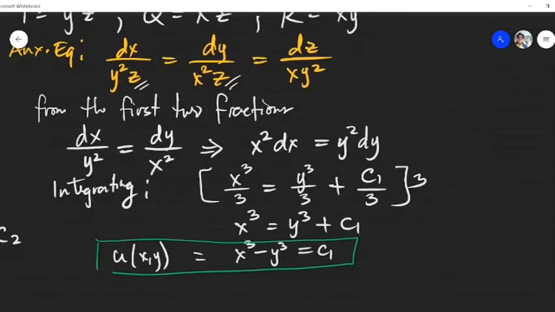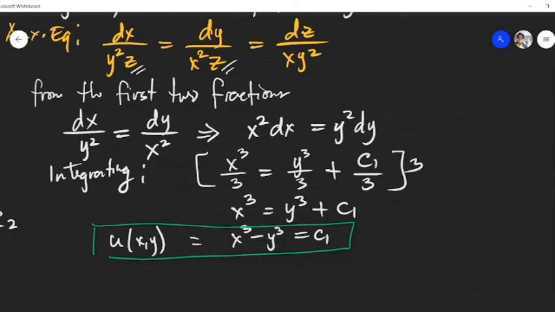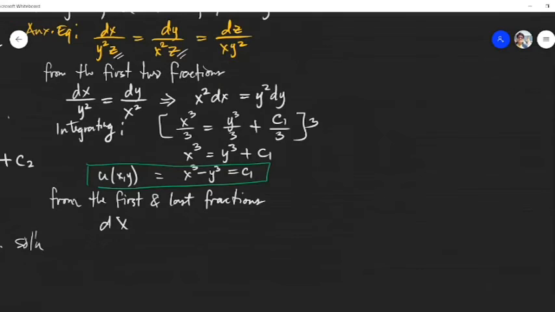So for our second solution, let's compare the third. Is there anything we can cancel in the denominator? We only have x squared and x, and we have y squared from the first fraction. So let's pair first and last. From the first and last fraction, let's cancel y squared, so we have dx over z is equal to, for the last fraction, dz over x because we canceled y squared.